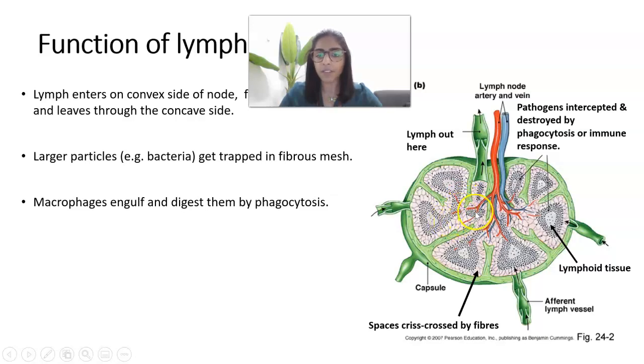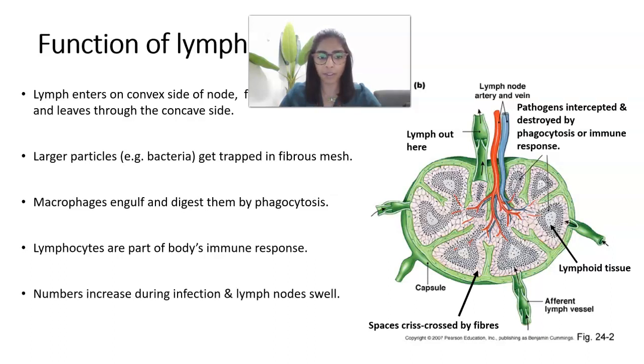As we've noted in the previous slide, there are macrophages present in the nodes. Therefore, when they recognize some of this trapped and filtered debris from bacterium, they will engulf it and destroy it through phagocytosis, or cell eating. The lymphocytes, another type of leukocyte, remember, are also part of the immune response, and they are associated with the manufacture of antibodies.